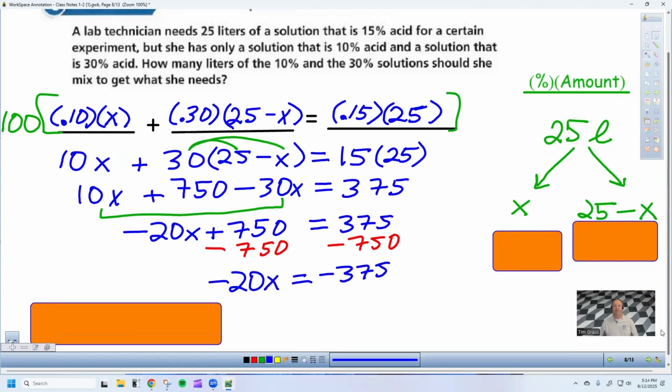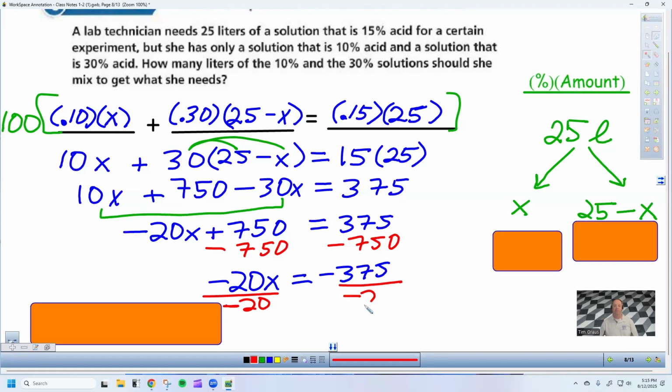We can divide both sides by negative 20. Again, it's fine to do these calculations on a calculator using Desmos or some kind of graphing calculator to find out what these are. So I only want to divide by negative 20. I don't want to divide by that X because I want to leave the X there.